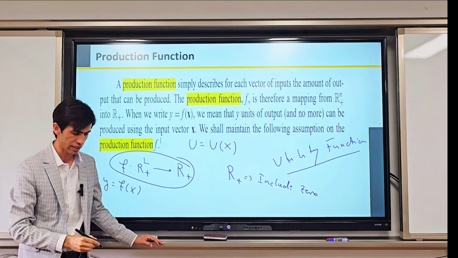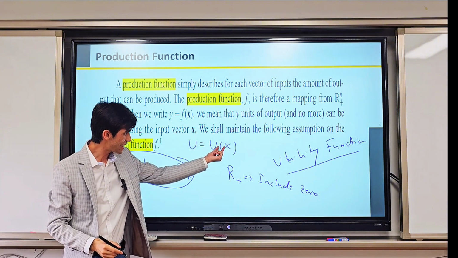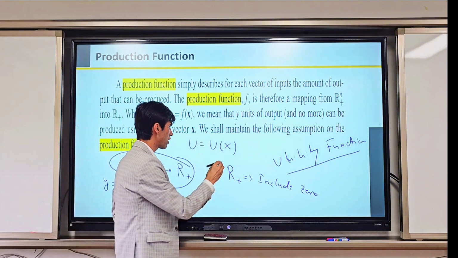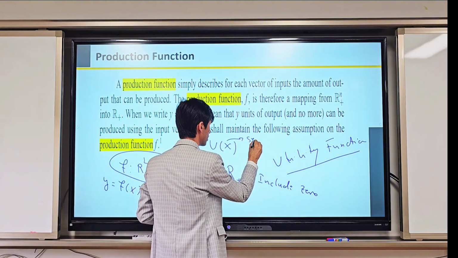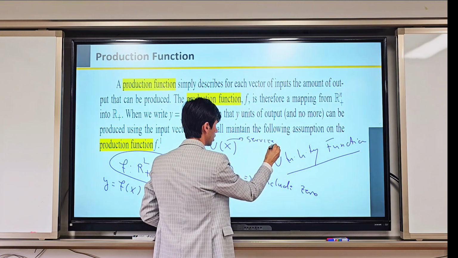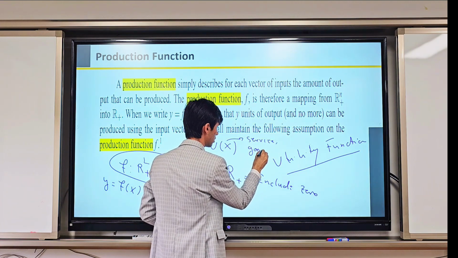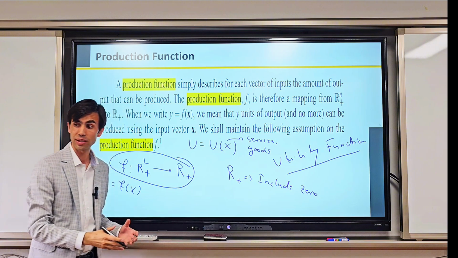Here, this x was serving the role of services or goods or the consumption bundle.